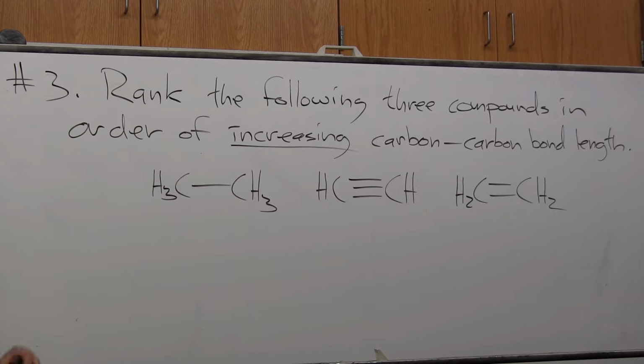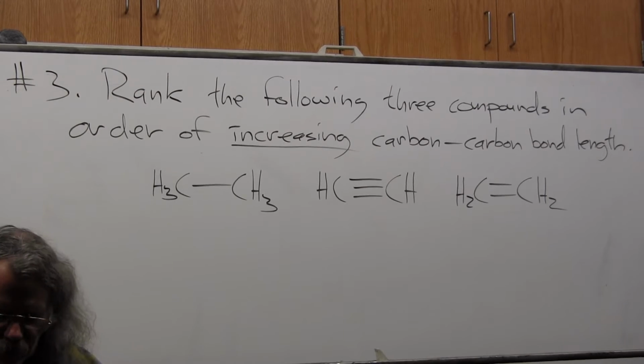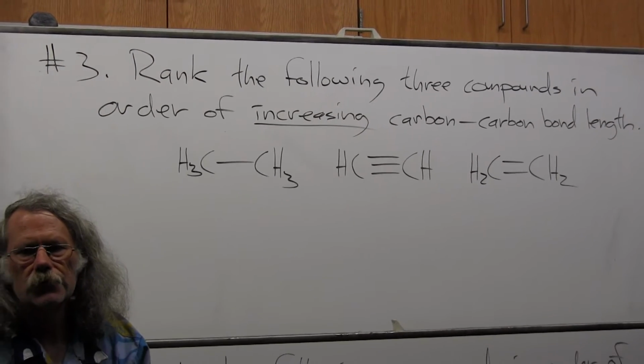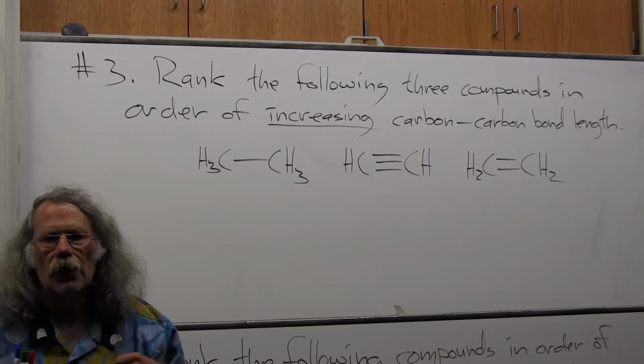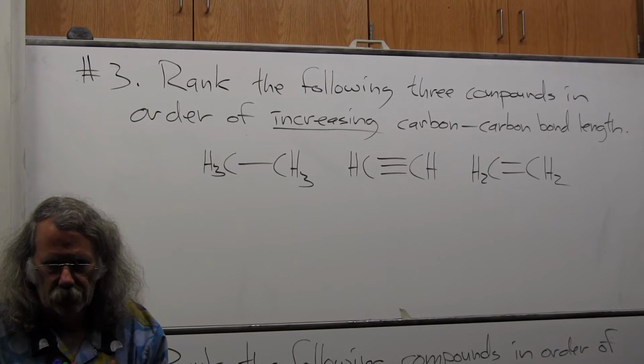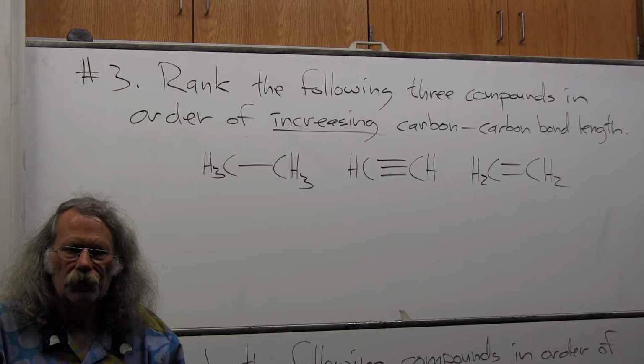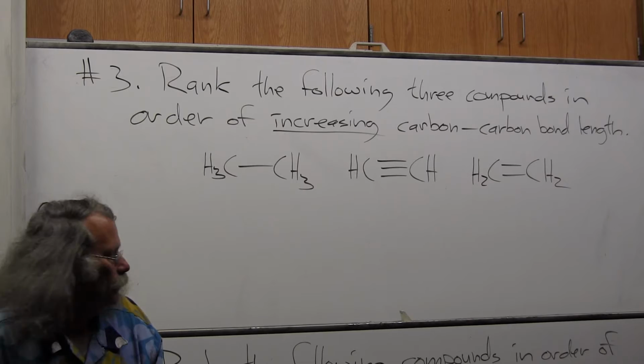What is the trend as we increase the bond order? It turns out that as I increase the bond order, there's more bonding interactions, more attractive interactions. And so the higher the bond order, the shorter the bond. A triple bond is shorter than a double bond, and a double bond is shorter than a single bond.